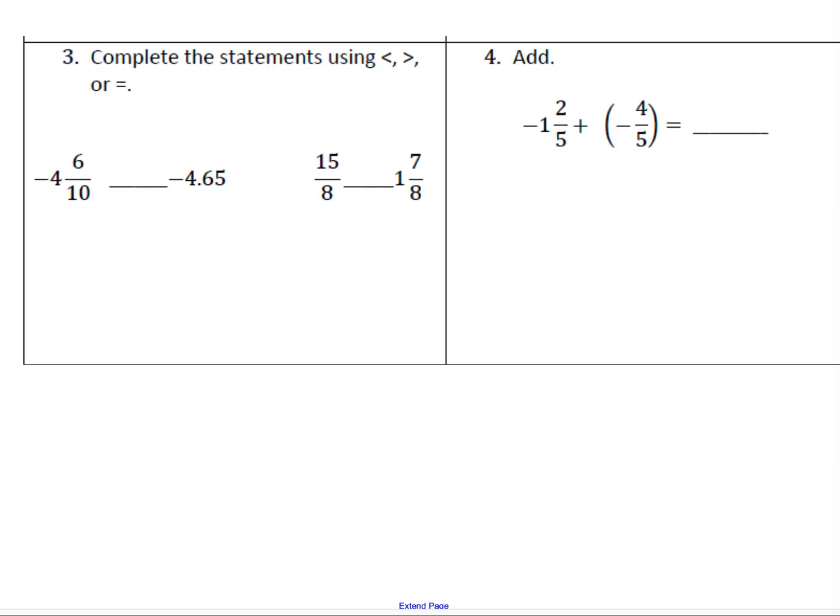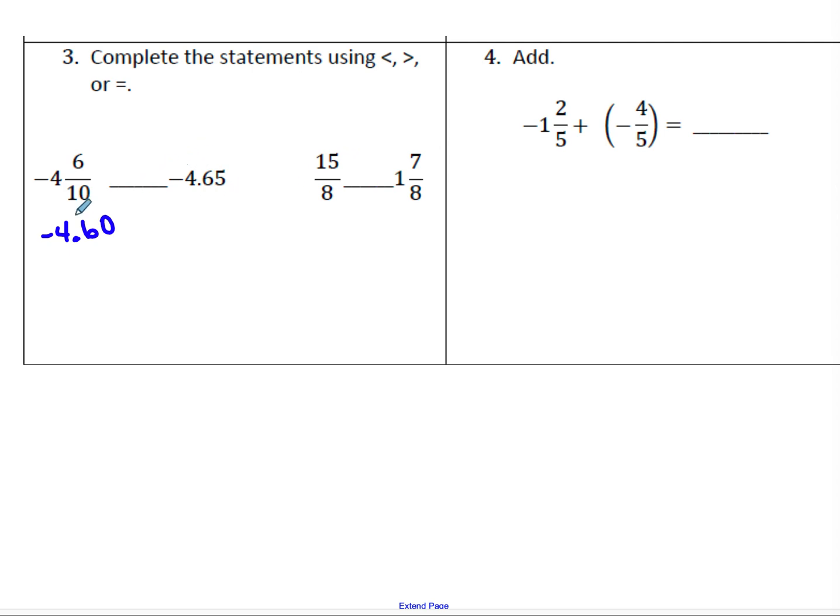Let's look at our next problems. Complete the statements using less than, greater than, or equal to. All right, so here I have -4 and 6/10 and -4 and 65 hundredths. I know 6/10 is the same thing as 0.6, -4.6. I'll go ahead and put a placeholder 0 in there to help us with our comparing. 60 hundredths, 65 hundredths.